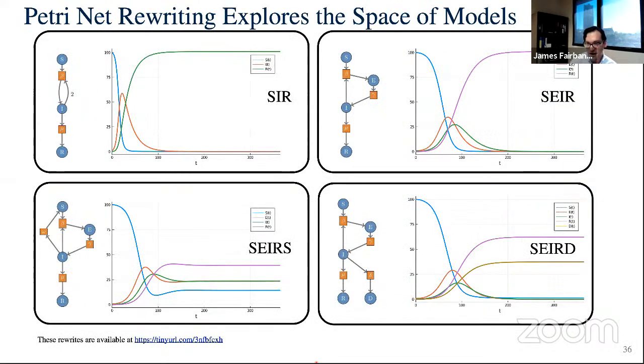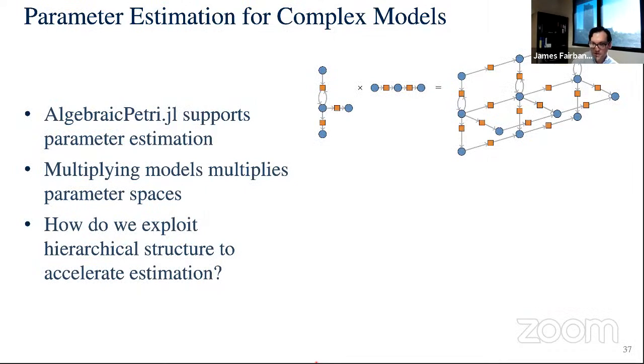So yeah, the Petri net rewriting lets us do this. With Petri net rewriting, we can build these big models. We can represent epidemiological models as Petri nets, and then categorical constructions in the category of Petri nets give us things like product models. Limits and colimits let us build big models out of little models.